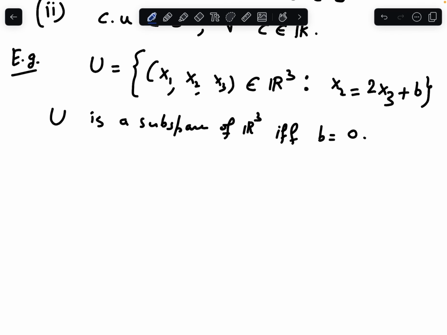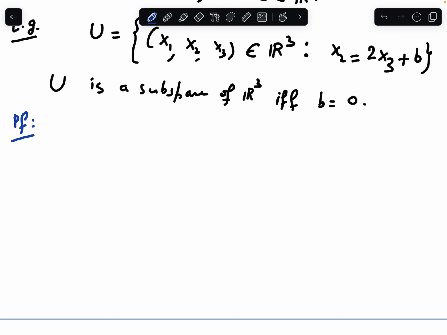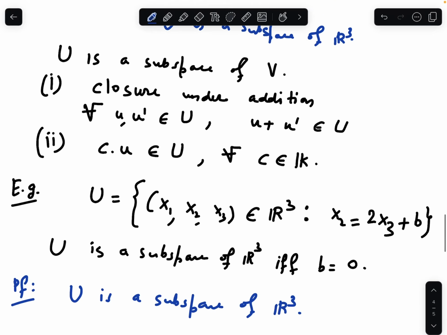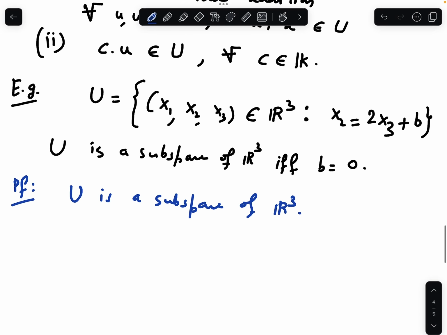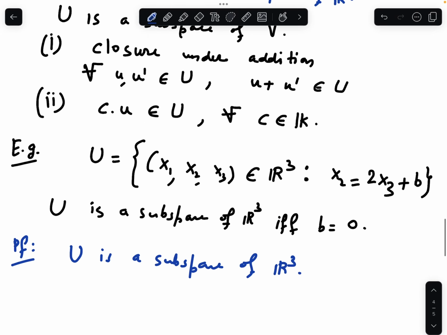So how to prove this? Let's see. First of all, let's assume that U is a subspace of R3. So in this case, this condition should be satisfied.